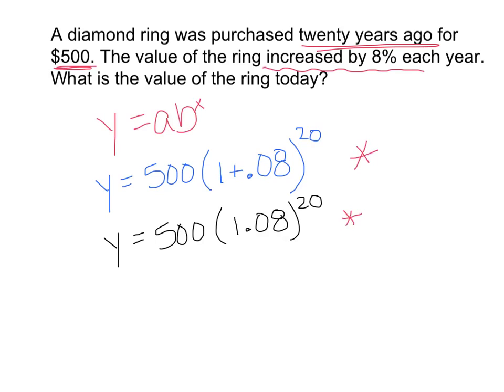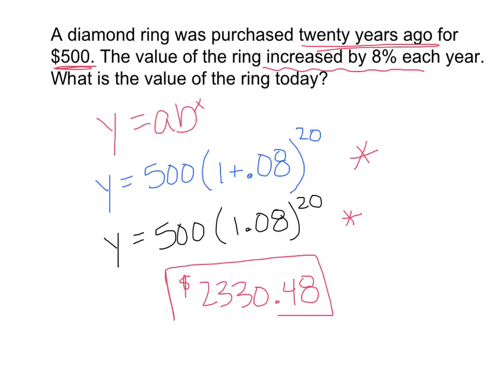We're going to type in our information so we can figure out how much our ring is worth today. When we type that in, we get $2,330 and approximately 48 cents. So the ring is worth a pretty penny by now, and it's only increased 8% each year. That's what's so powerful about exponential stuff, it changes very quickly, very rapidly, once your years or your time gets higher.